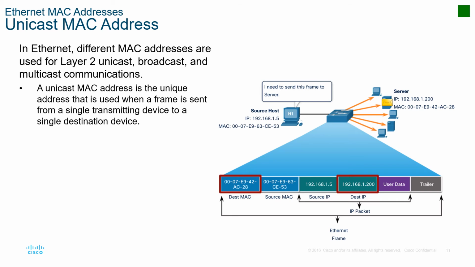Again, we've discussed this in the previous chapter. When we say unicast, it is sent to a specific destination. Example, H1 will send specific data to the server. In unicast, what is placed in the source is the IP and MAC of the sender, while the destination is the IP and MAC of the receiver.